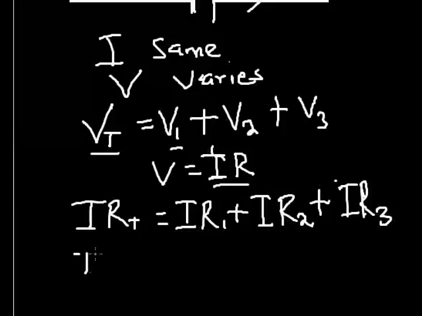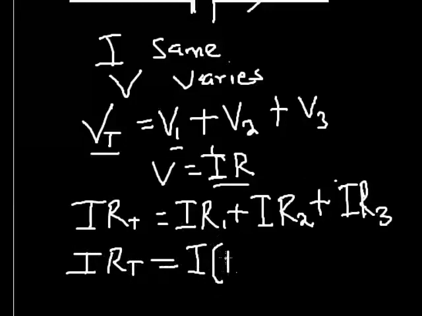So now what do we do? Alright, since I is common, I'll factorize it out. I'll take it out as a factor, then I'll write the other factors inside, which is R1 plus R2 plus R3.